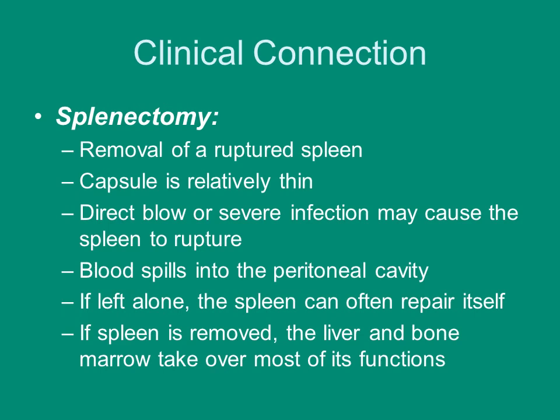Now, oftentimes, the spleen can repair itself if the damage is not too extensive. Years ago, they used to automatically do the splenectomy, and now they've realized that if possible, you leave it in and let it repair itself. That would be the best thing. If it does have to be removed, then the bone marrow and the liver will take over the functions of the spleen. So you can certainly survive without it.